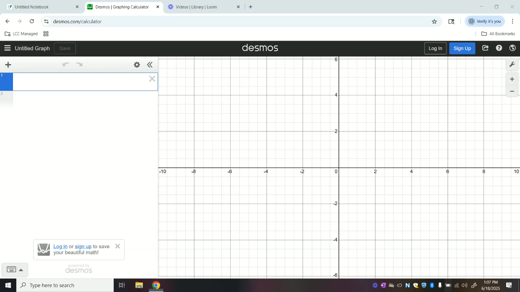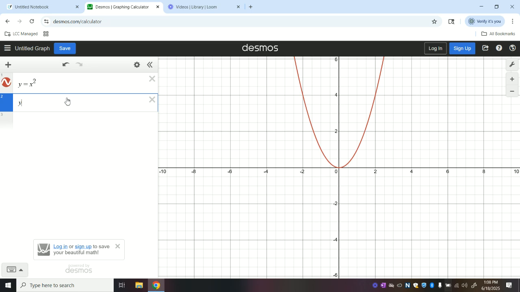So if I were to do up here, if I do y equals x squared, I get the basic parabola that we learned in our parent functions. So now if I did y equals x squared plus 2, you're going to see that graph get shifted up 2 units.